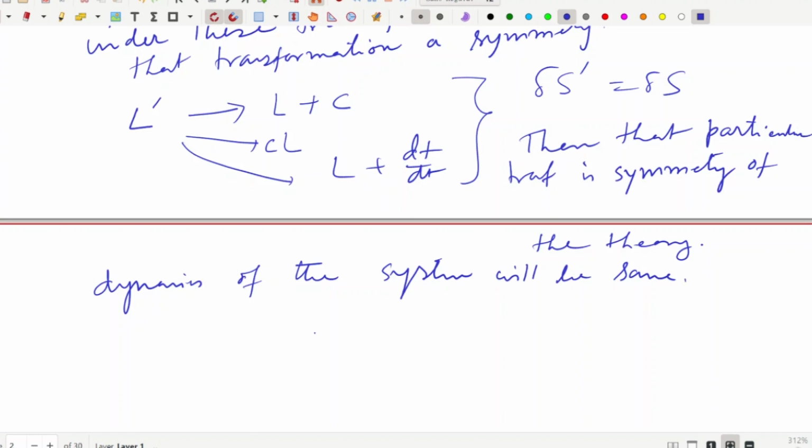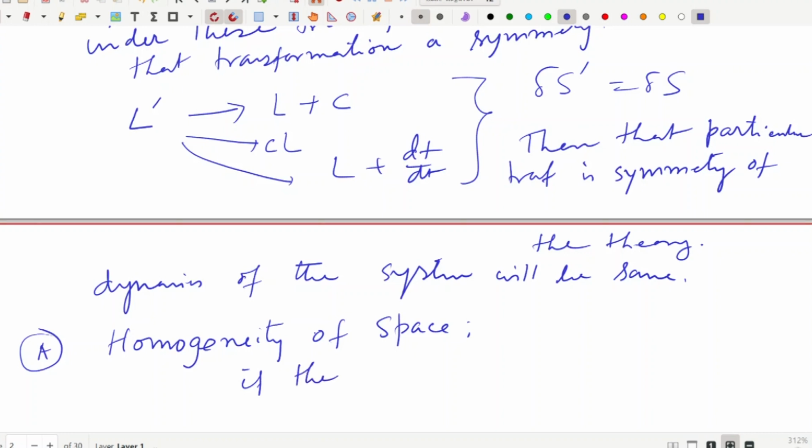So let us consider a few symmetries. First symmetry we will consider is homogeneity of space. A space is called homogeneous if the theory remains unchanged under space translation.